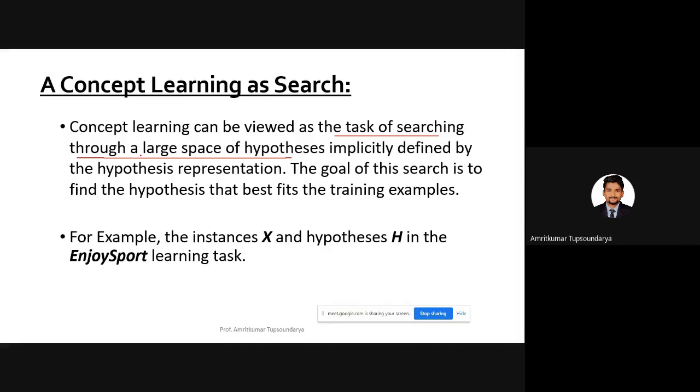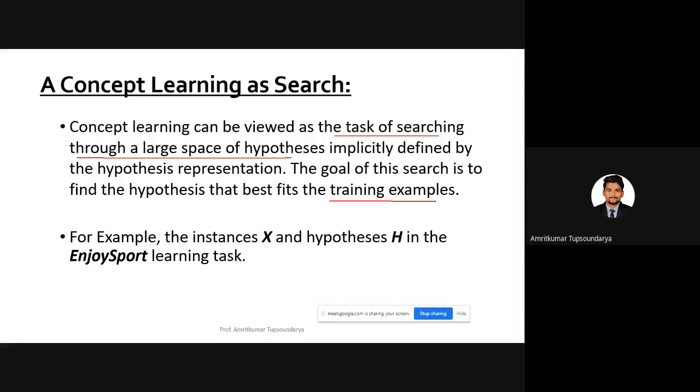This task of searching through the large space of hypotheses is defined by the hypothesis representation. The main goal of this whole search is to find the hypothesis that best fits the training examples.